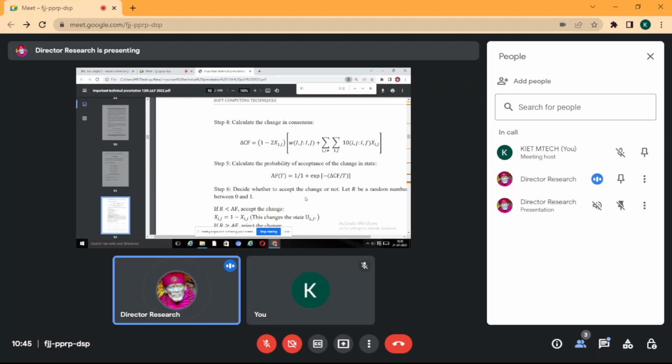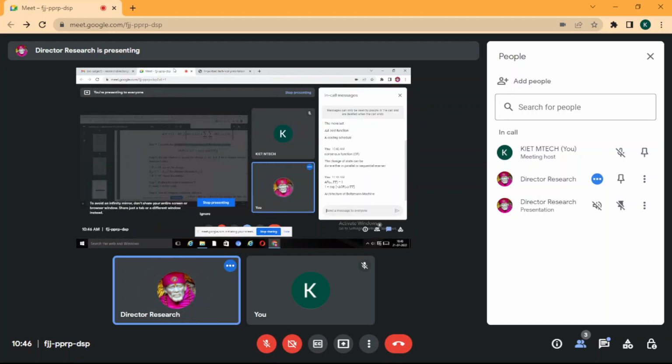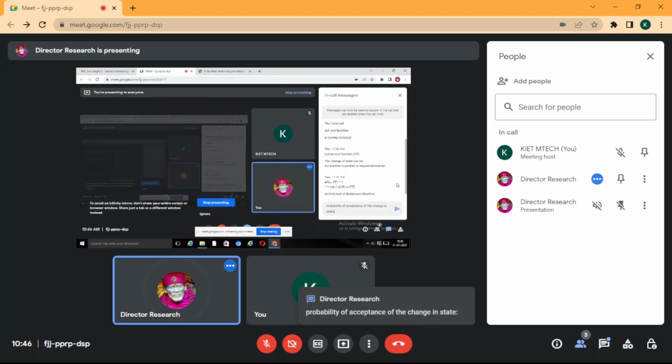R less than AF, accept the change. R greater than or equal to AF, reject the change. Okay, this is the change. This is the main function. Just see the main function: probability of acceptance of change in state. What is that function meaning? Probability of acceptance of change in state. This is the function, and this is the formula.